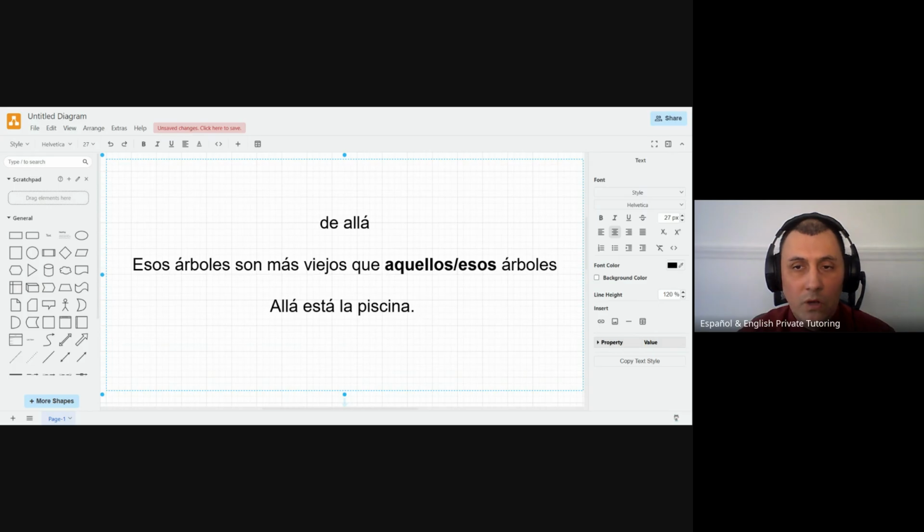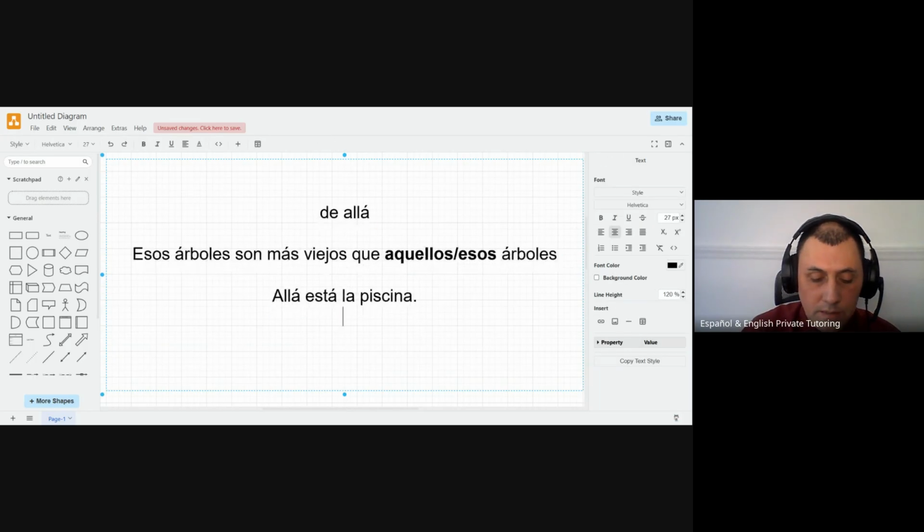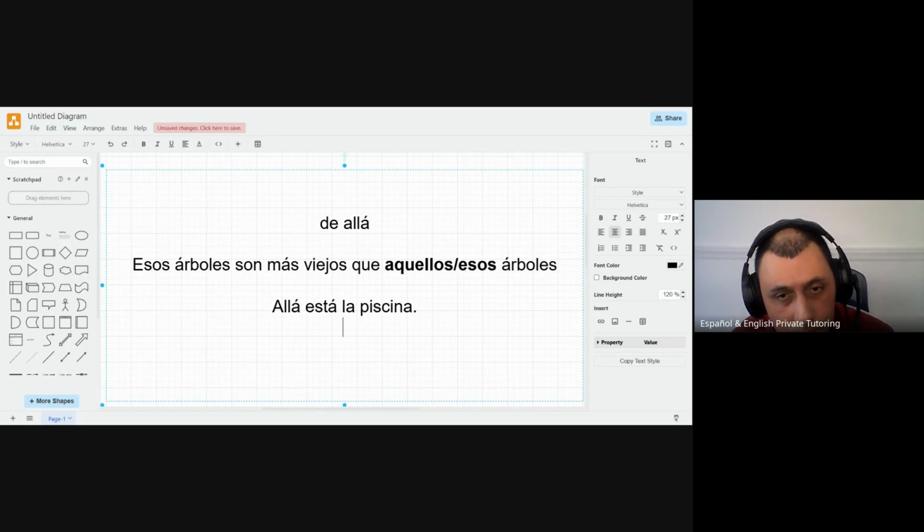So in this case, over there doesn't translate into Spanish as de allá. It will just translate as allá. This can also be a noun. Allá está la piscina.